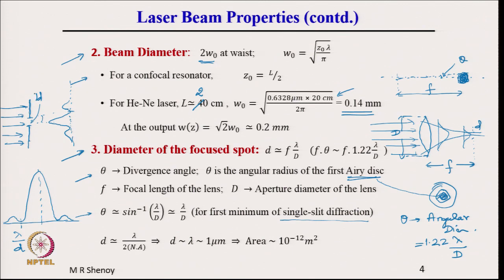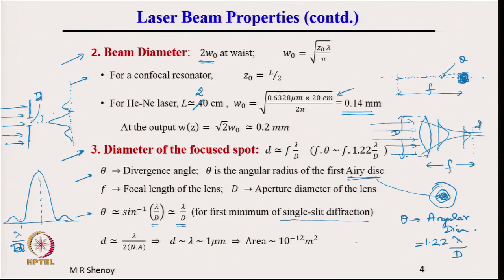Since lambda is much smaller compared to D, this is approximately lambda by D. So, either way, an order of magnitude estimate can be made for the diameter of the focus spot as f, the focal length of the lens, times lambda divided by the diameter of the aperture of the lens.